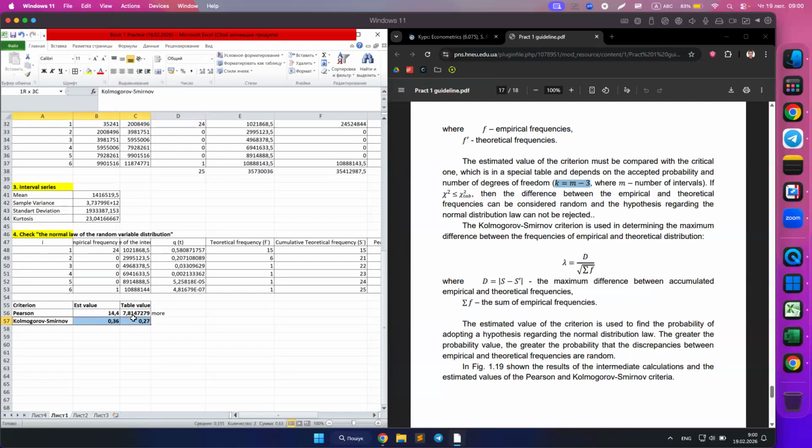For Kolmogorov-Smirnov, we have a similar situation, so our estimated value is more than our table value.